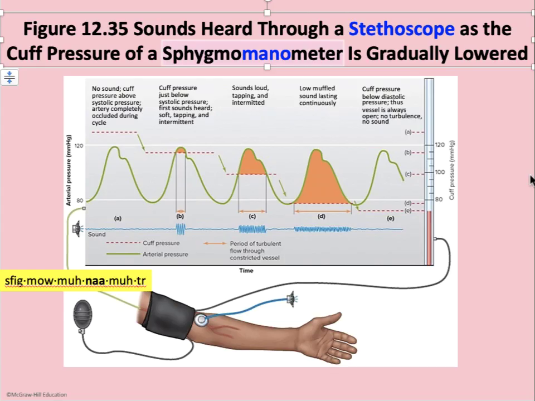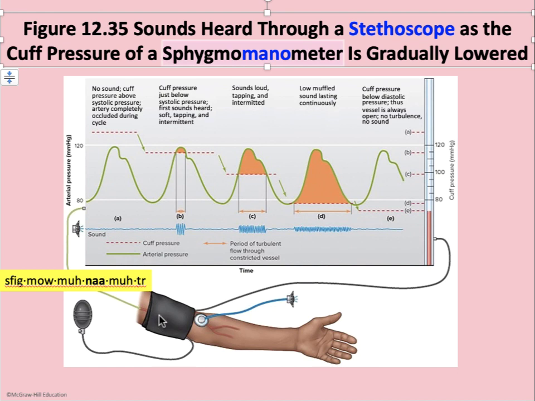Sphygmomanometers, or blood pressure cuffs, allow you to measure blood pressure, and the relationship between blood pressure and these devices is illustrated in this figure. The stethoscope has to be placed on the far side of the cuff with respect to the position of the heart.